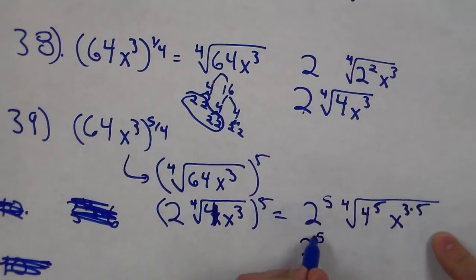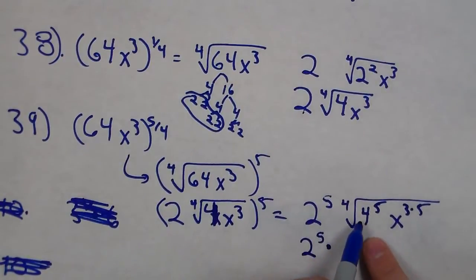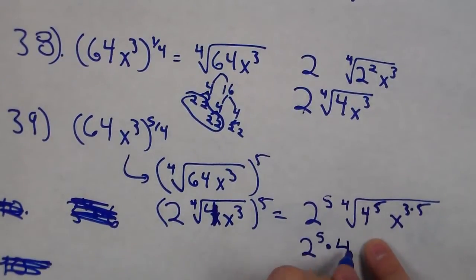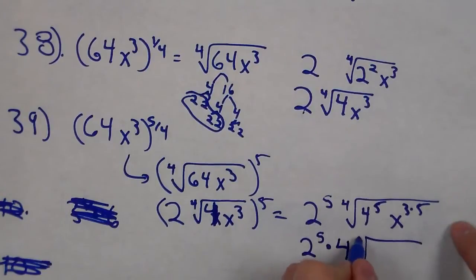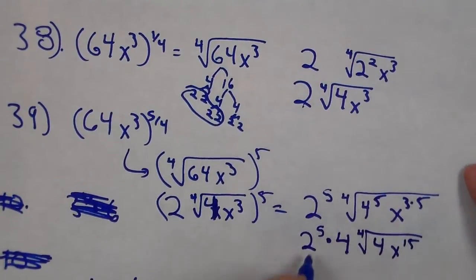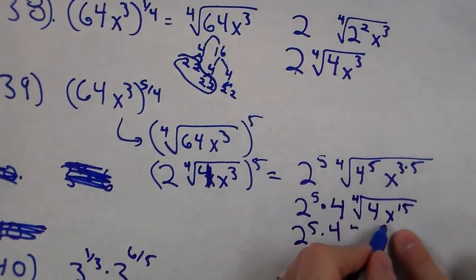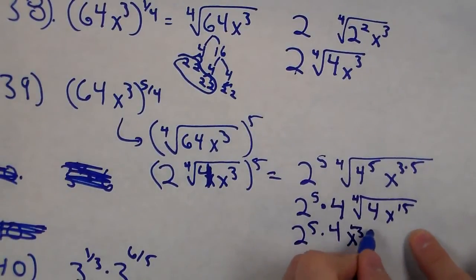So now 2 to the 5th times, if I'm looking for the 4th root and I have 5 4's inside, I can take 1 out, leaving 1 4, and this is x to the 15th. So this is 2 to the 5th times 4. And I'm going to take out 3 sets of 4, so that's x to the 3rd.